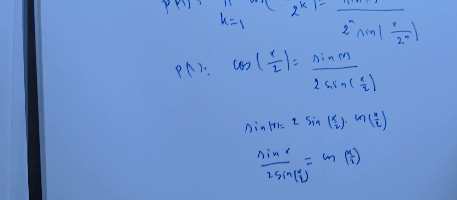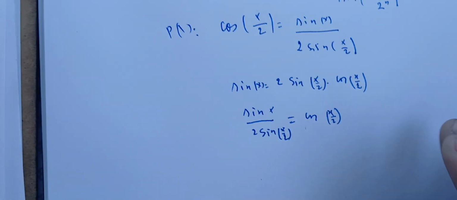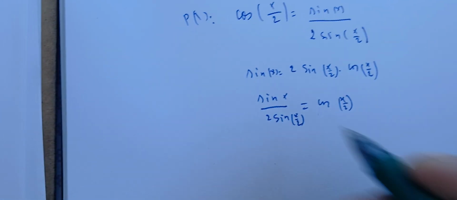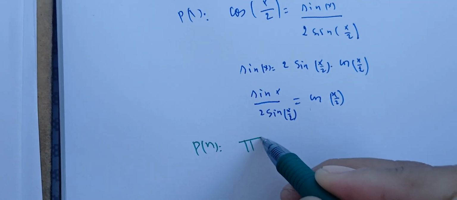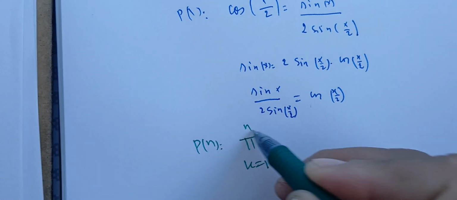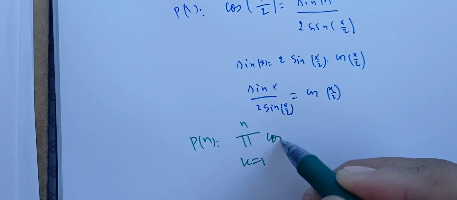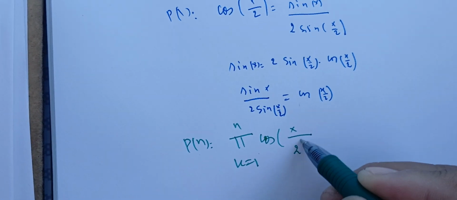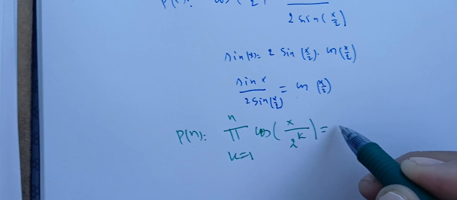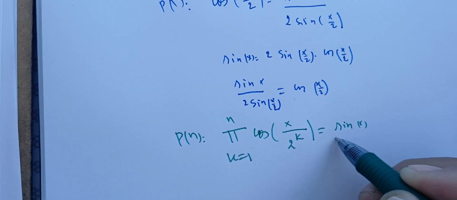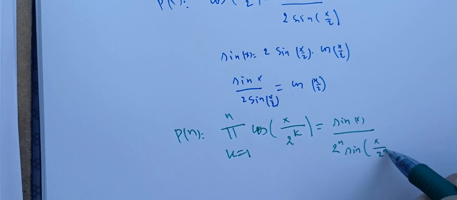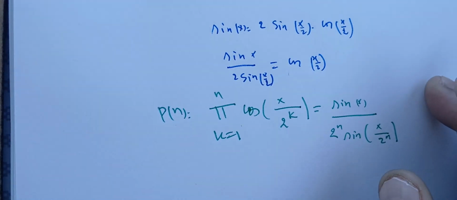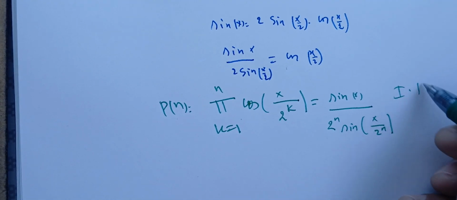Next, we're going to assume P of n, this is the induction hypothesis. So the product going from 1 to n of the cosine of x over 2^k is equal to sine of x over 2^n sine of x over 2^n.